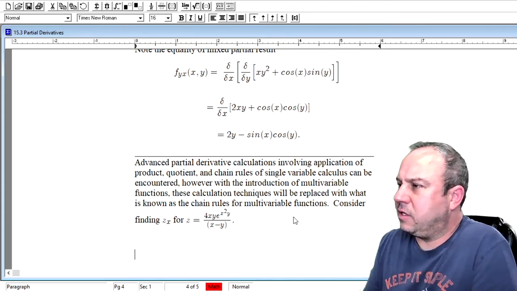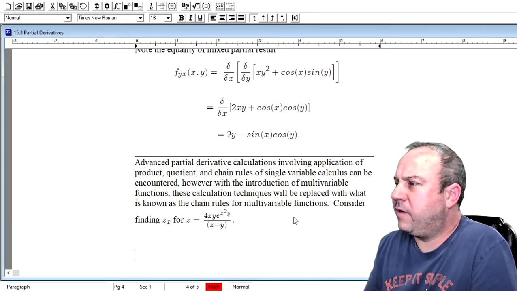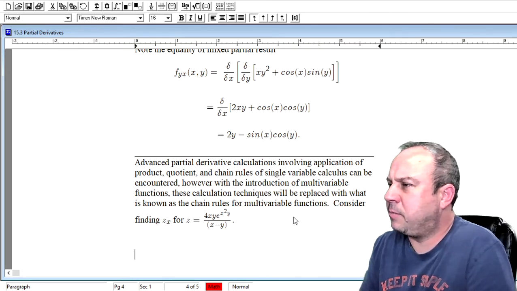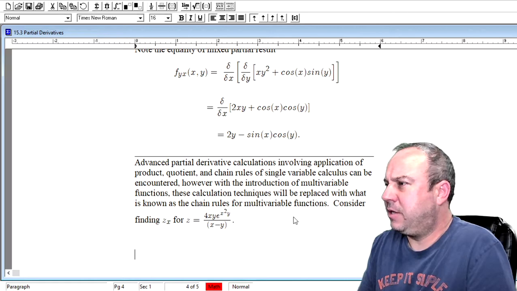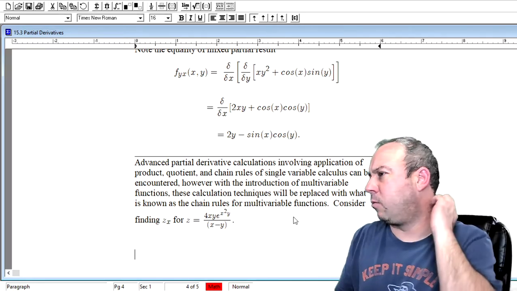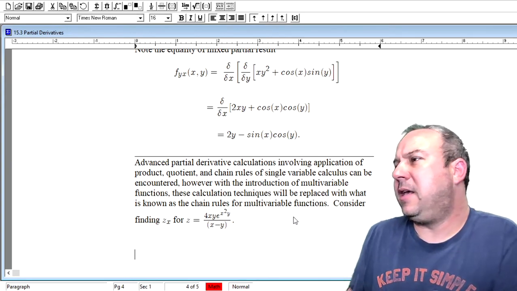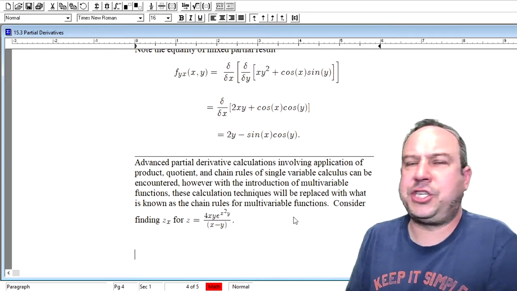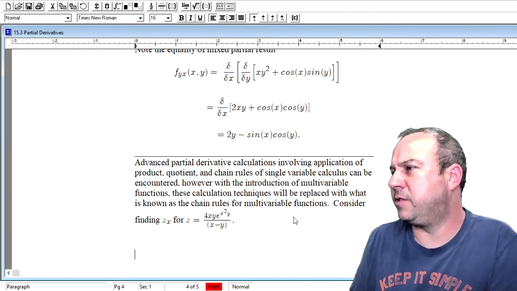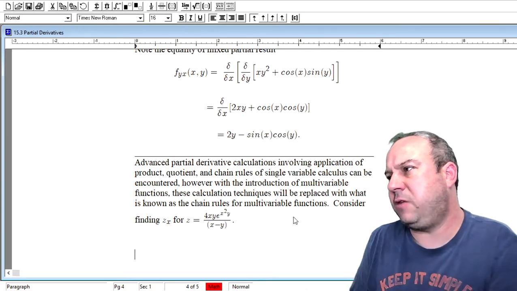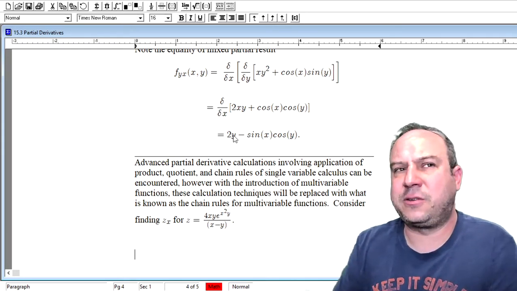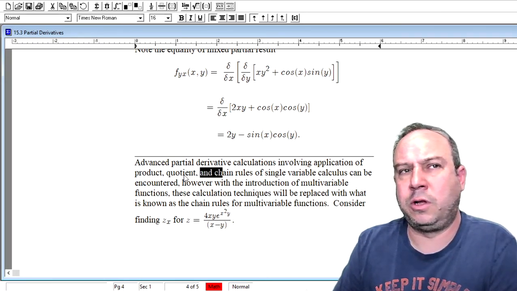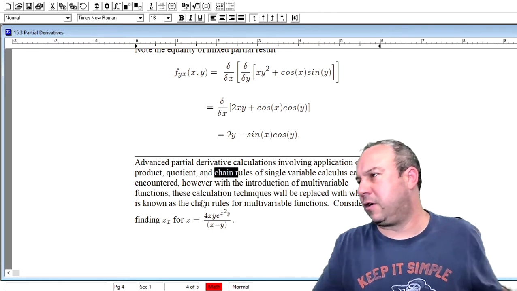So even though these look a little overbearing, folks, we're going to develop some rules that are going to help us calculate through something like this a little quicker in the next section. By introducing multivariable functions, we can upstep our rules of differentiation into what we call the chain rules for multivariable functions. It's essentially just a collection of chain rules that really describes all of our advanced rules, like product rule, quotient rule, or chain rule for single variable calculus.